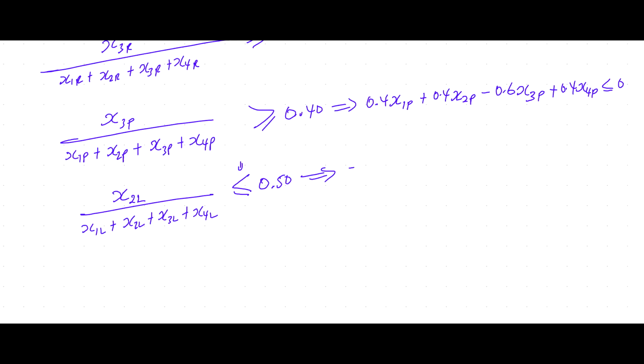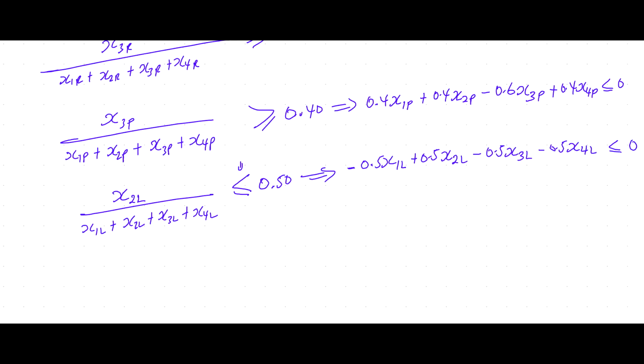So I'll have negative 0.5 component 1 in low lead plus 0.5 component 2 in low lead minus 0.5 component 3 in low lead minus 0.5 component 4 in low lead, and is less than or equal to 0.